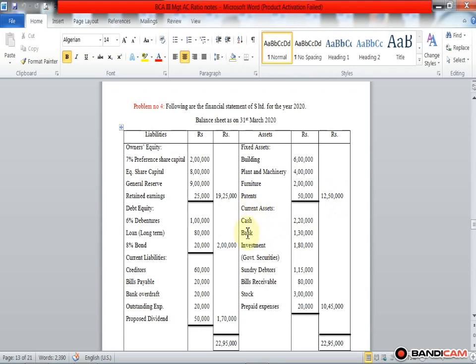Current assets of Yes Limited: cash rupees 2 lakh 20,000, bank rupees 1 lakh 30,000, investment in government securities rupees 1 lakh 80,000, sundry debtors 1 lakh 15,000, bills receivable 80,000, stock 3 lakh, prepaid expenses rupees 20,000. Total current assets is rupees 10 lakh 45,000 and total of the asset side is 22 lakh 95,000.